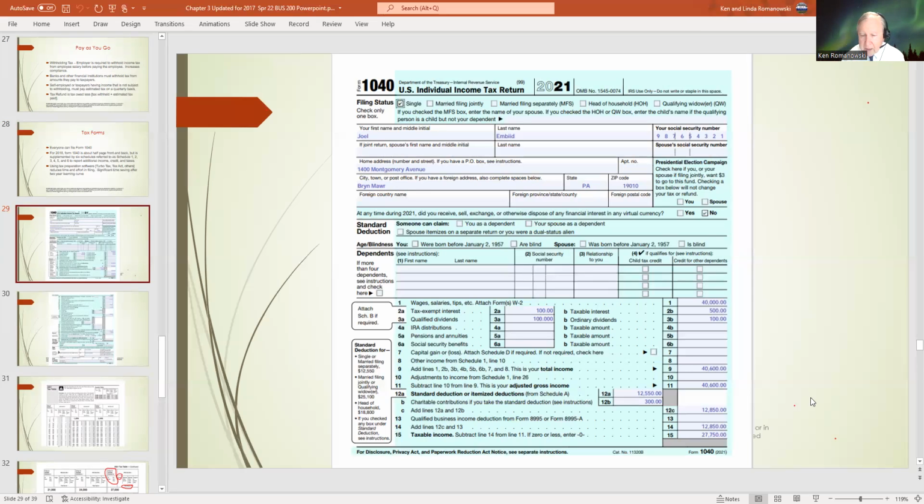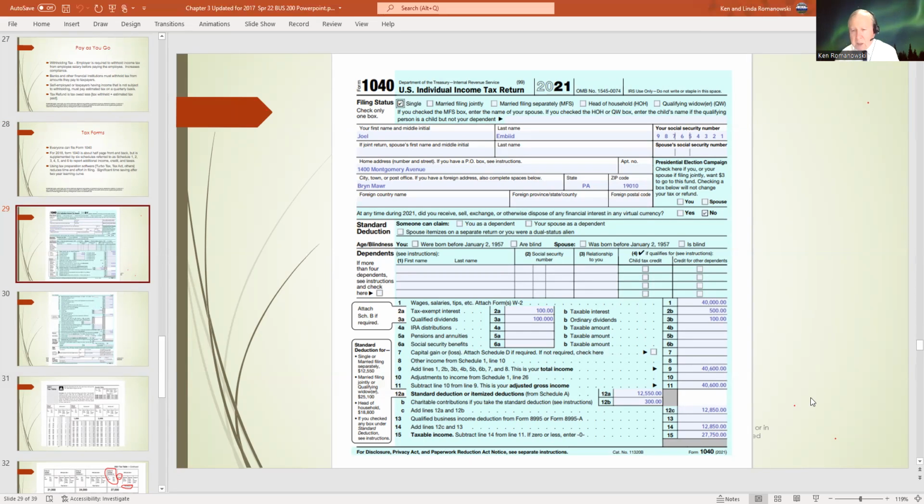So for line 15, you're going to subtract from line 11, which is your adjusted gross income, line 14, which is $12,850, and that will give you your total taxable income.